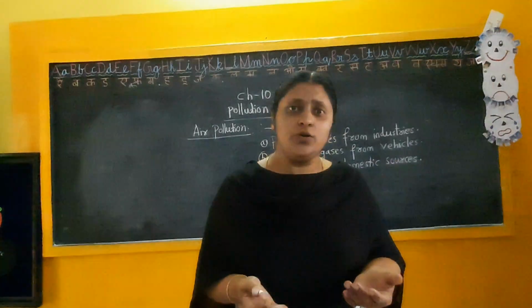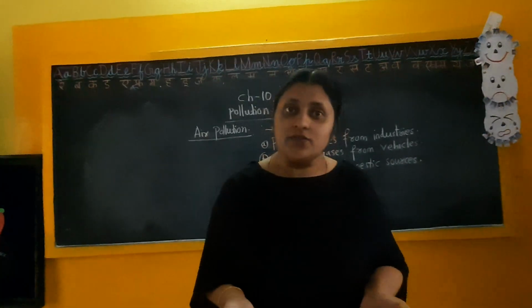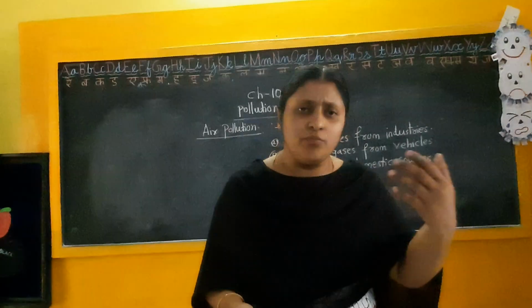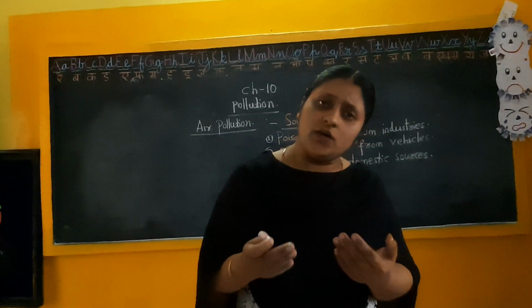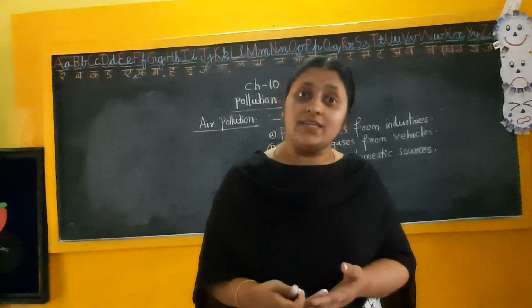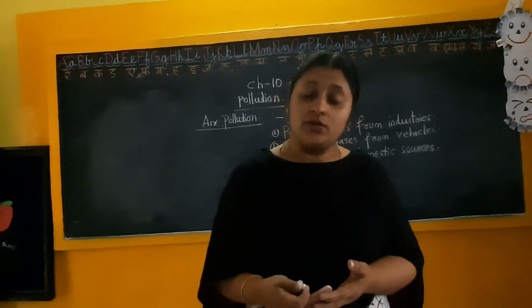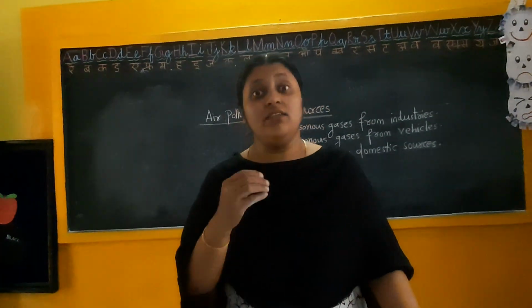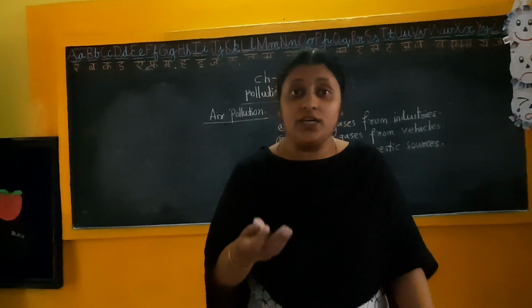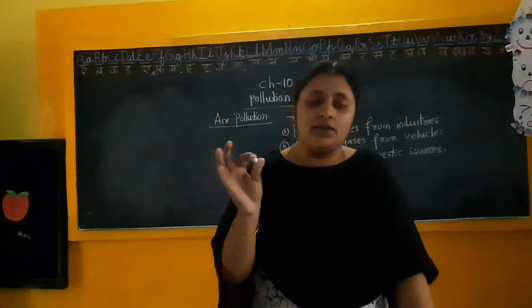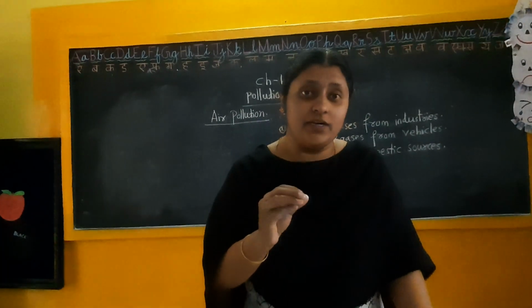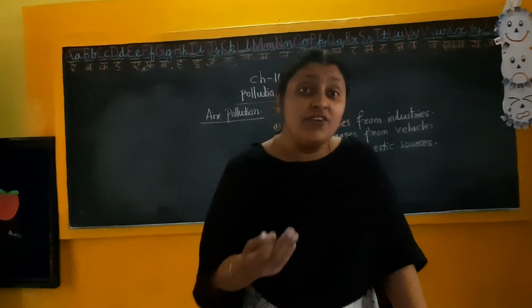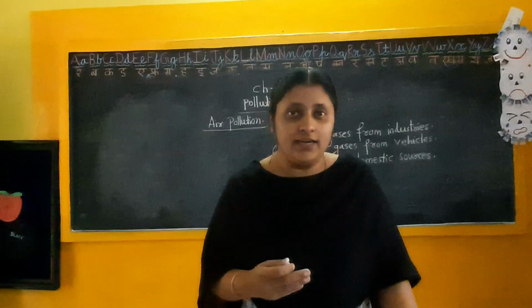Okay, and we all know that burning dry leaves is also a cause of air pollution, isn't it? And bonfires, these kinds of things also cause air pollution. In refrigerators, we all know there is a chemical, chlorofluorocarbon, isn't it? And that is affecting our ozone layer.